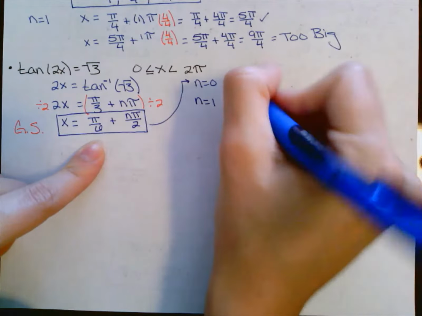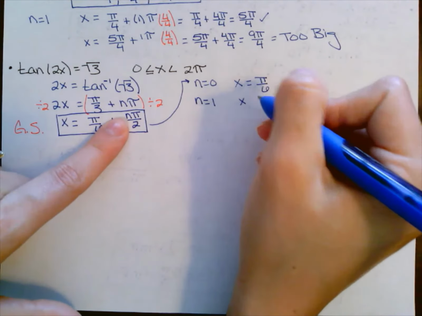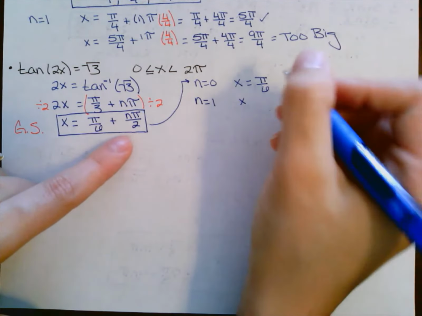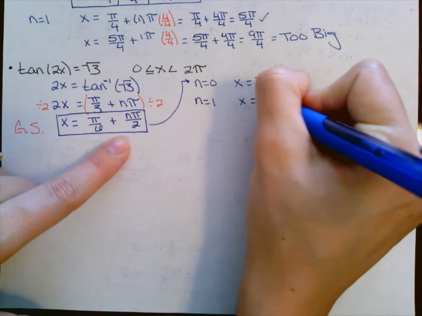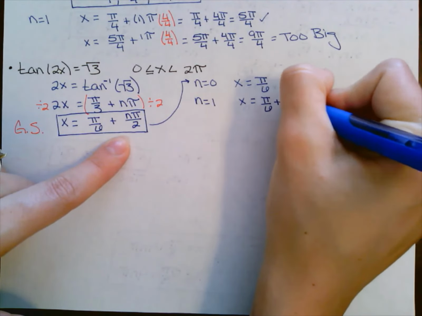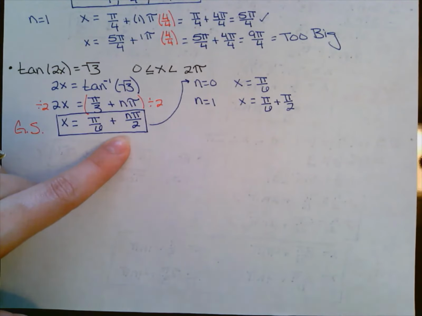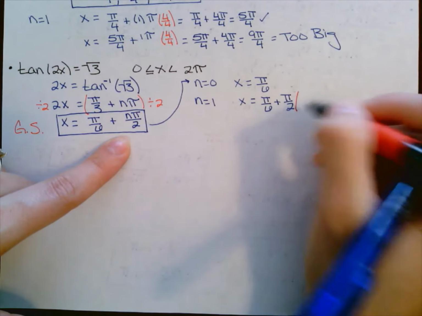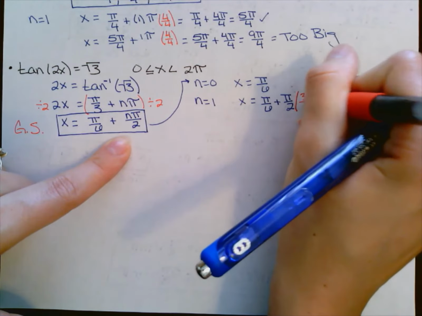When n equals 1, I am adding pi over 2. So I have pi over 6 plus pi over 2. I'm going to need a common denominator. So I'm going to multiply by 3 over 3.